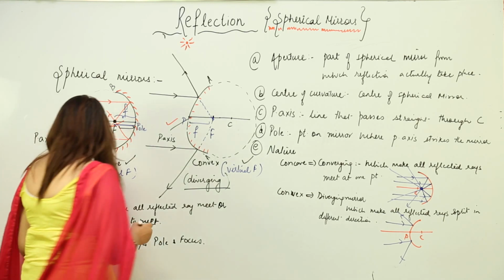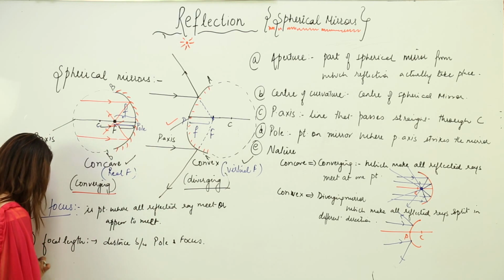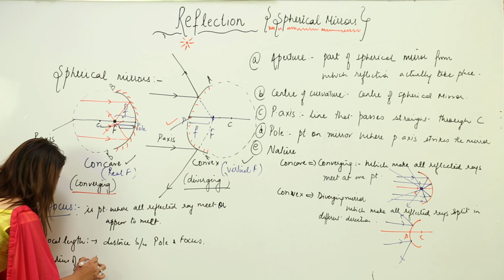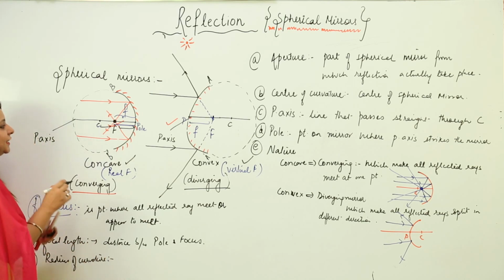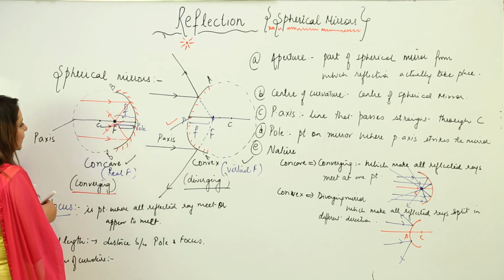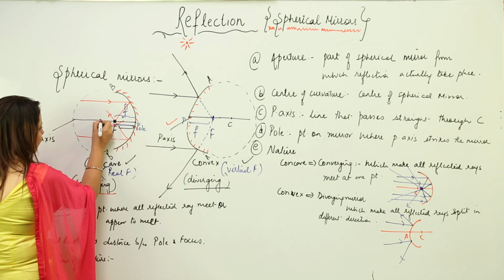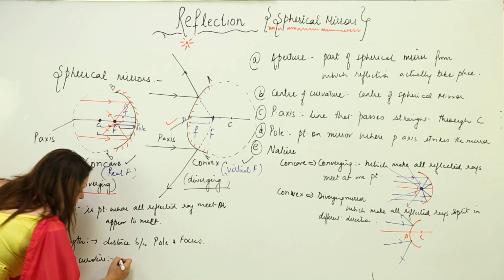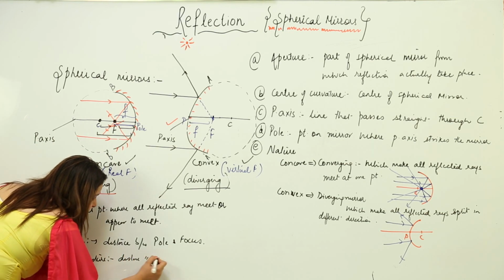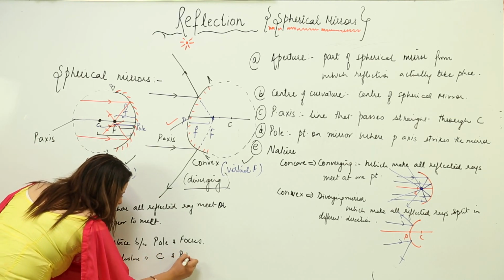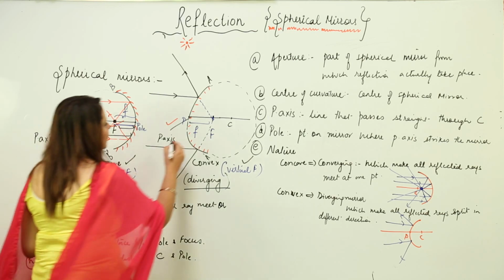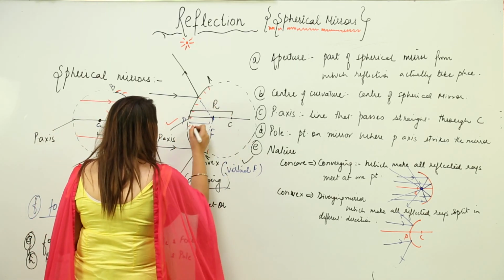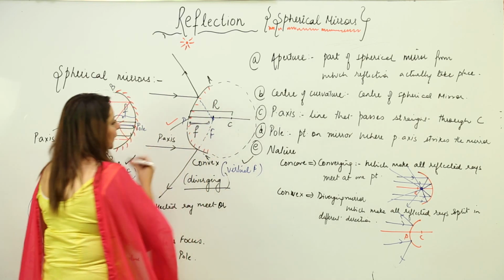And one more term we have, radius of curvature. It means the radius of the spherical mirror. So it is a distance, obviously the center point is this. So the distance between C and P. It is the distance between the center of curvature and pole. So this complete distance is the radius and this is the focal length.